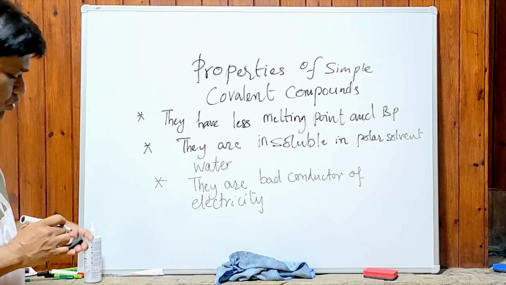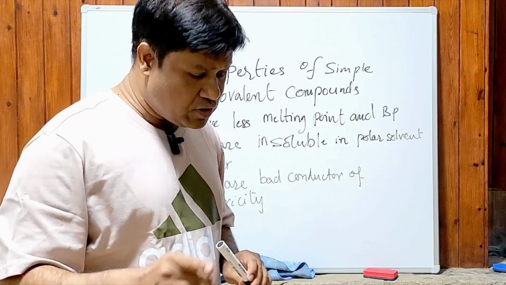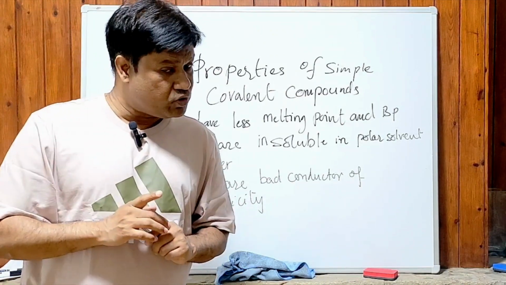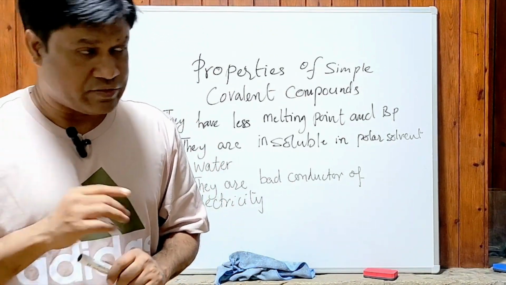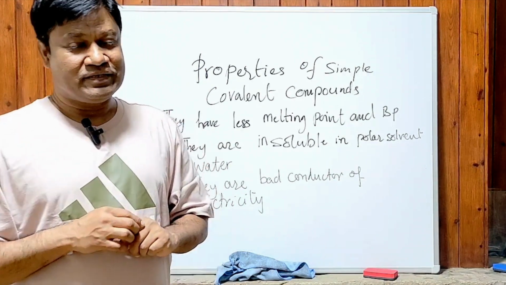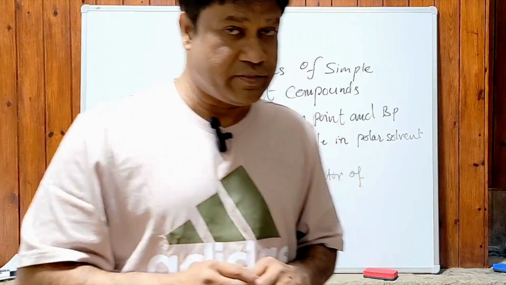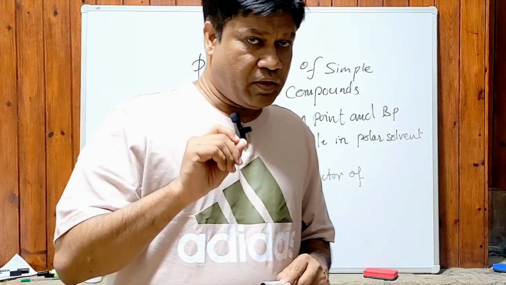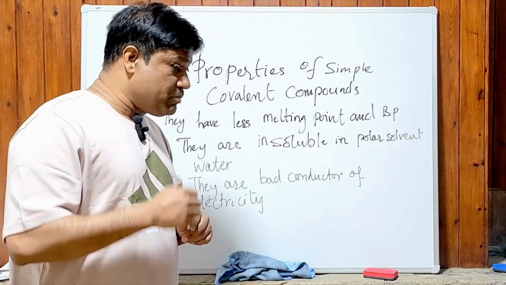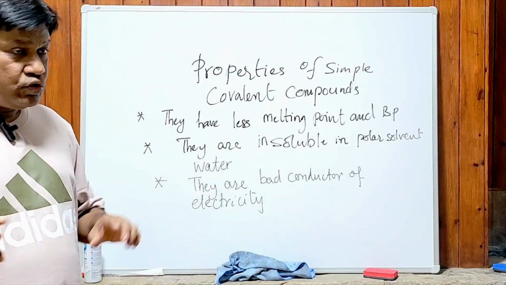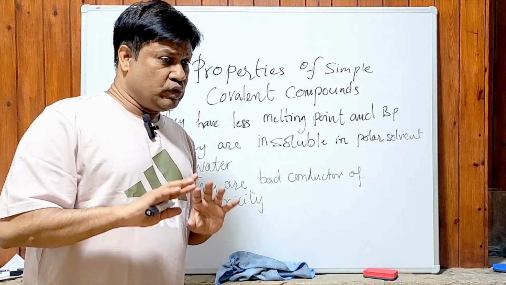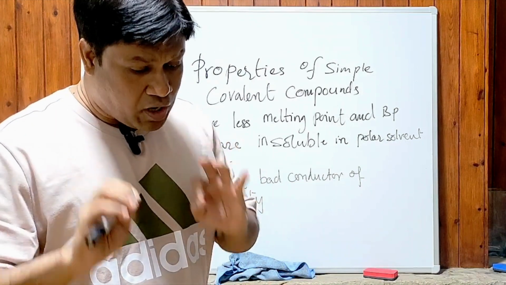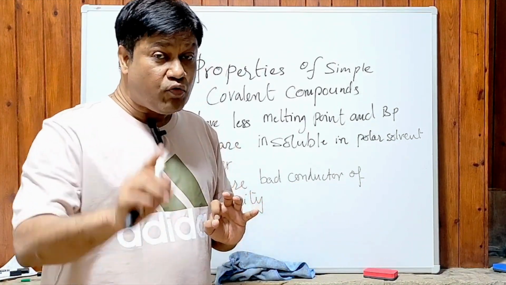Except one compound. I told you I will teach macromolecules. Can you give me an example of a macromolecule which conducts electricity? Any idea? It is a form of carbon. Graphite. Graphite is a macromolecule which conducts electricity because of delocalized electrons. So when they ask you why an ionic compound conducts electricity, your answer will be due to the movement of free ions.